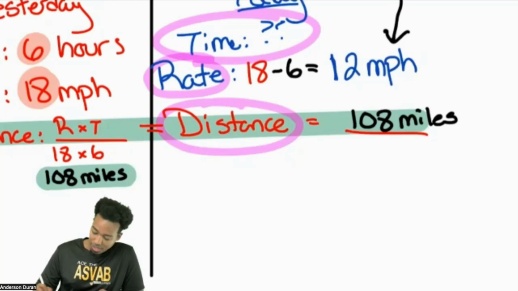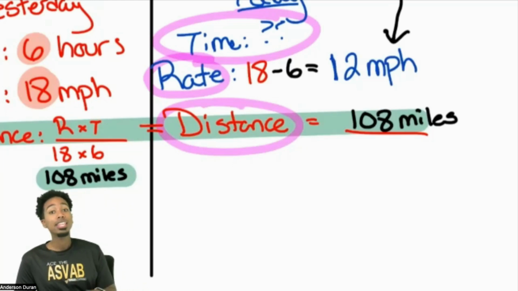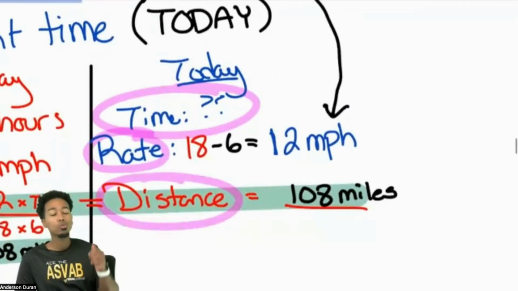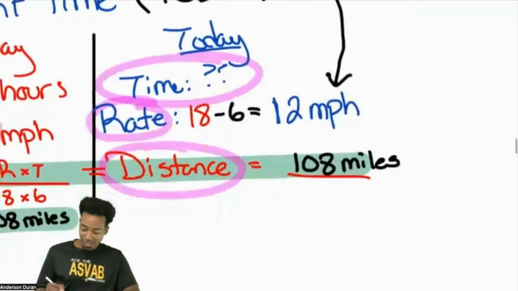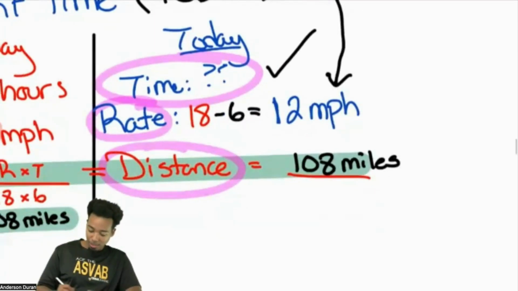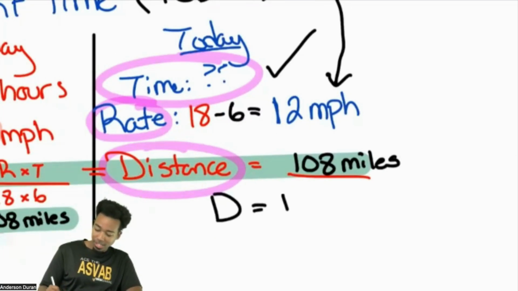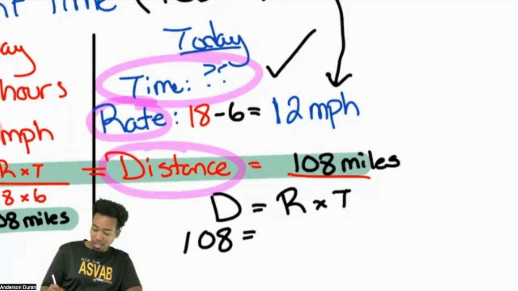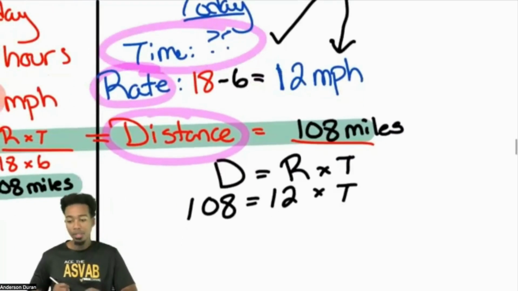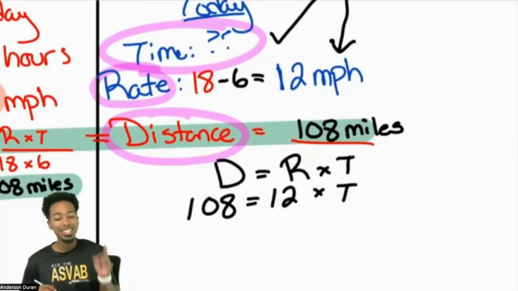Because now that we have this, guess what? Now we can fill in our formula because we're only looking for the time. We have the rate, we have the distance. So now we can absolutely solve for this because distance equals rate times time. So we can say 108 equals 12, the rate, times time. And now all we have to do to both sides is get rid of that 12.